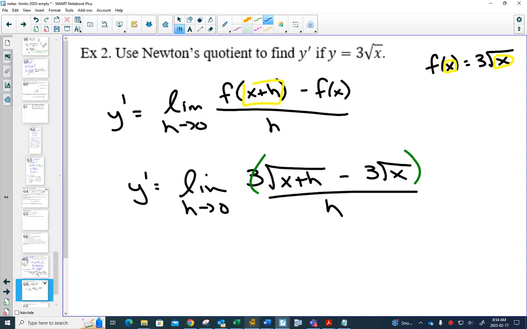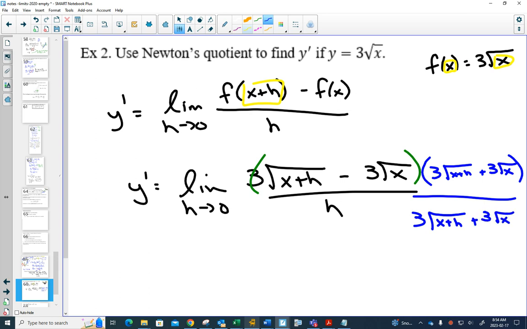So what can I multiply by here? I could multiply by 3 root x plus h, and because it's a minus, I will multiply by plus 3 root x on the top, and I will also multiply by that on the bottom.